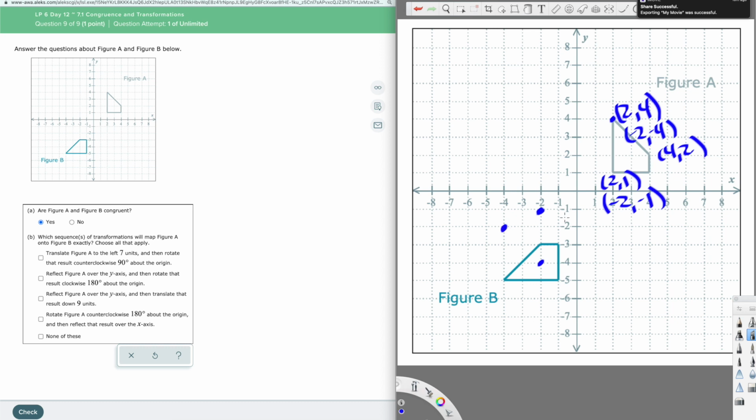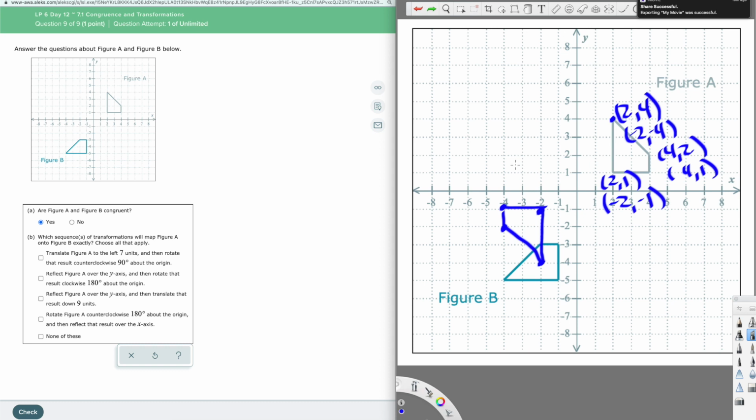And then this is going to be 4 and 1. So -4, -1. So yeah, it flipped upside down like that. So it's upside down. And that makes sense. It rotated, so it kind of turned over there.